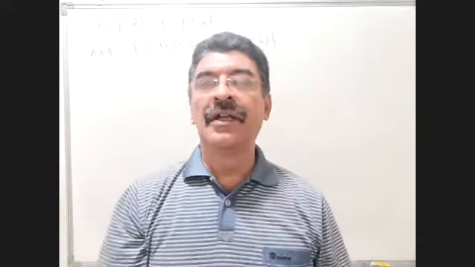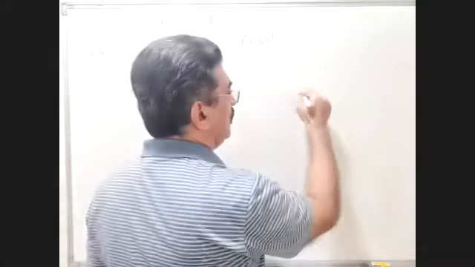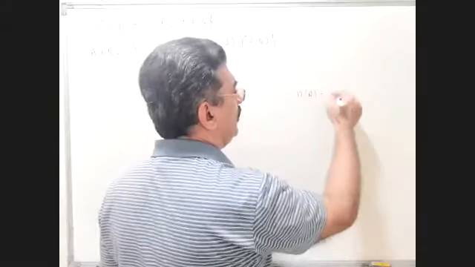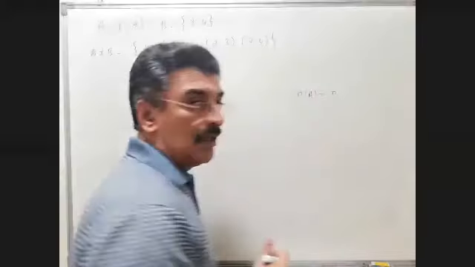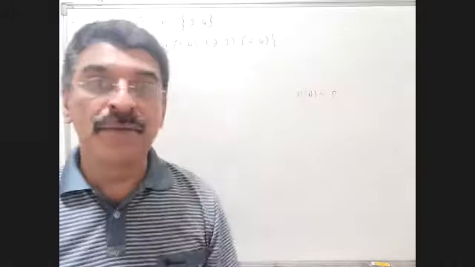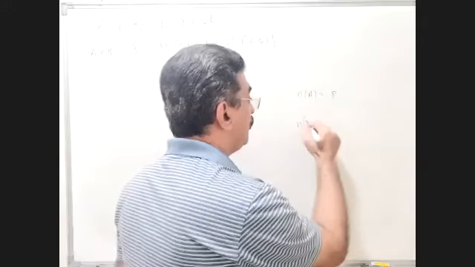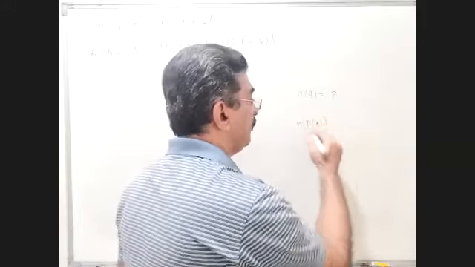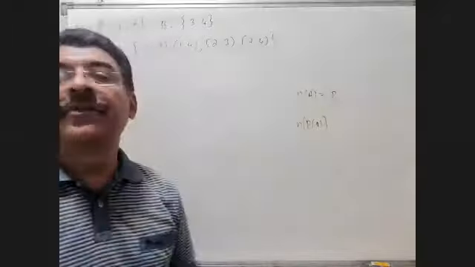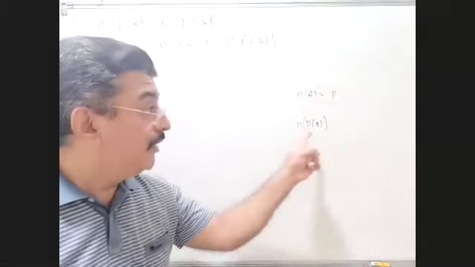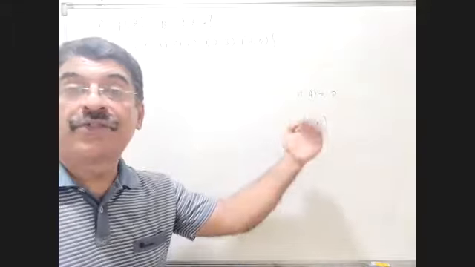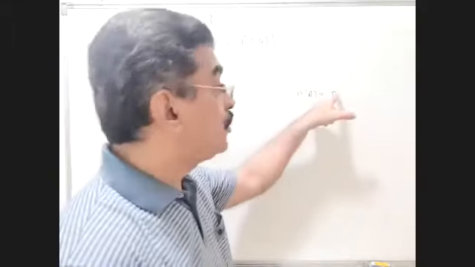Without listing all the subsets, we know the following. If a set has P elements in it, then we learn the number of elements of the power set of A. Power set of A means the set of subsets. It is 2 raised to P.